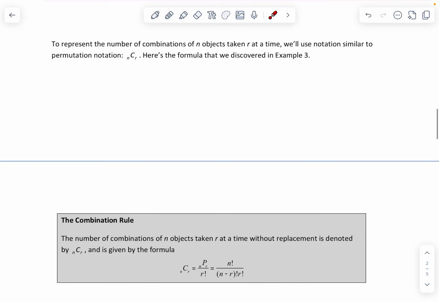The number of combinations of n objects taken R at a time without replacement is denoted by nCr, and it's given by this formula. The number of permutations divided by R factorial, or I could just write this as n factorial divided by n minus R factorial times R factorial. Let's do an example, another example.